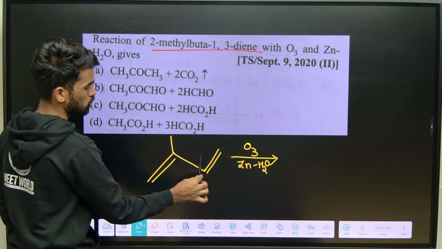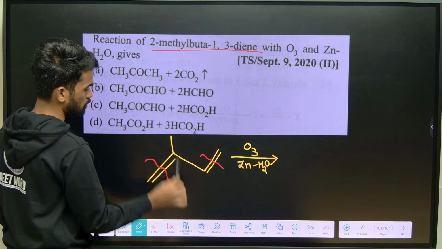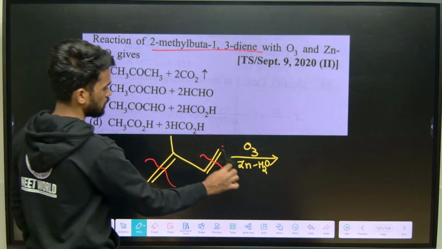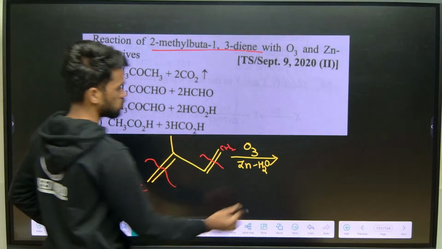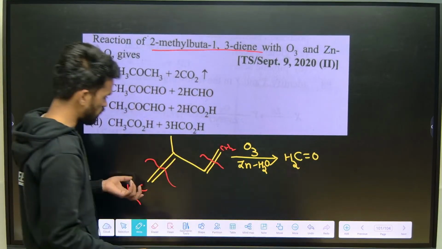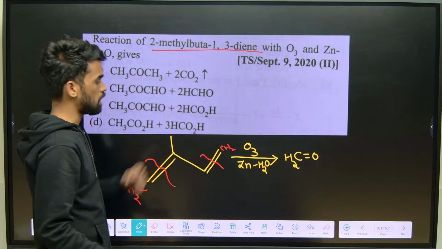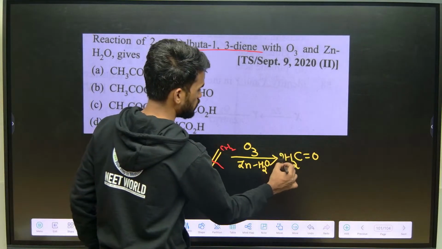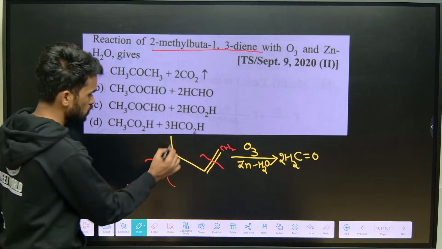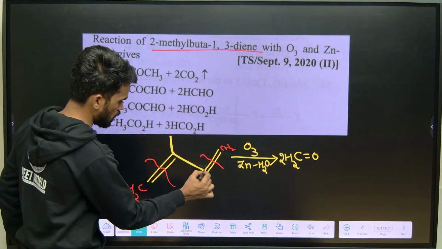Ozonolysis means just break these double bonds, wherever a double bond is there, break it and insert oxygen on it. So CH2 double bond O on this side, and here also one CH2 double bond O. So 2 moles of formaldehyde are formed. And what about the other one? 1, 2, 3 carbons are there.